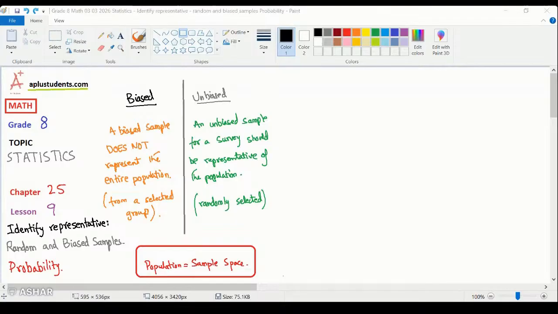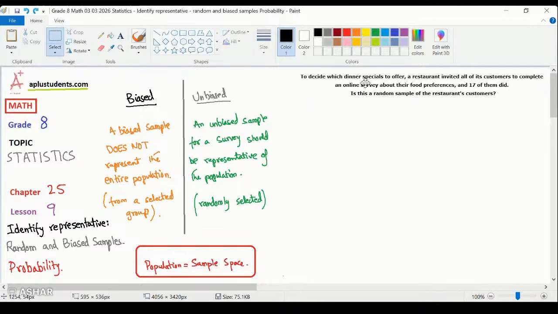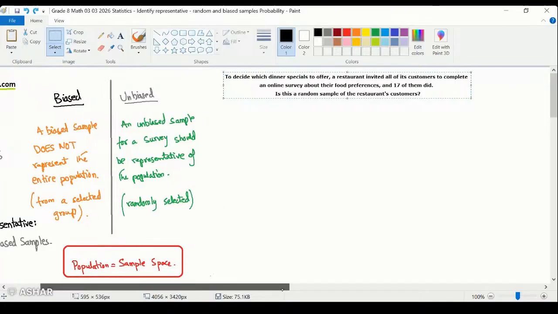The first question that we have says, to decide the dinner specials to offer, the question number 1 has this information with us.